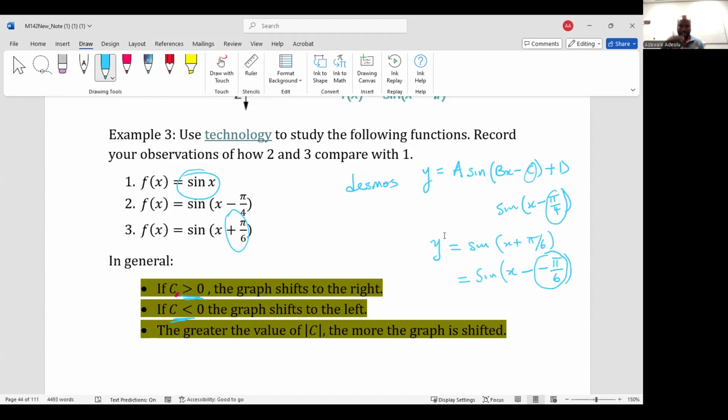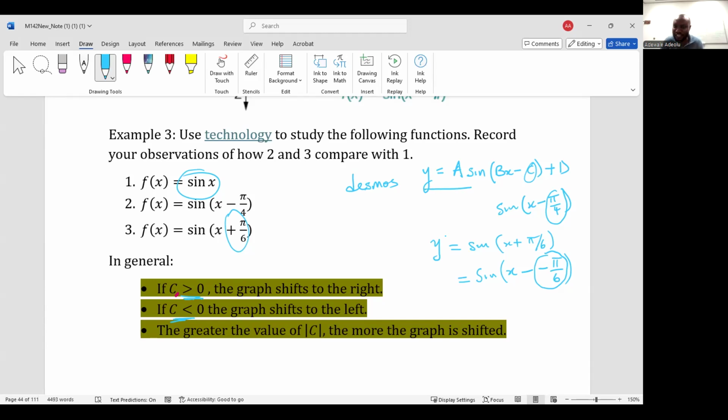Now, I don't want you to get confused. Teacher, the other time you were talking about C over B, now you are talking about C. What is happening? Just calm down. Let me explain what is happening here.